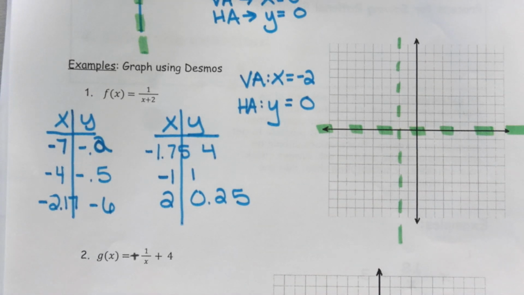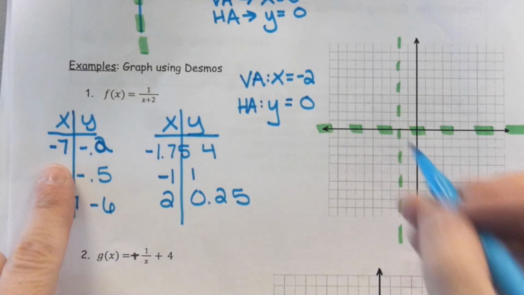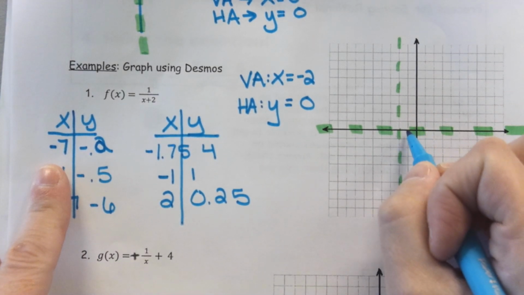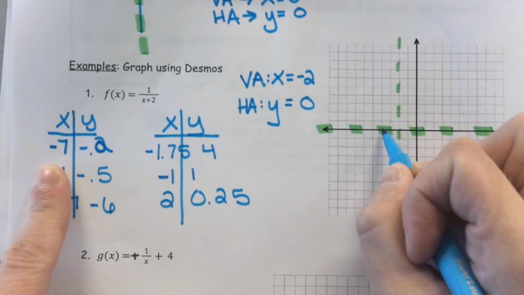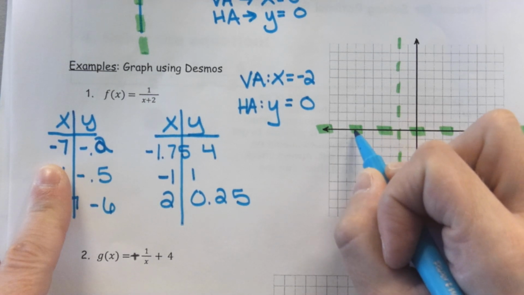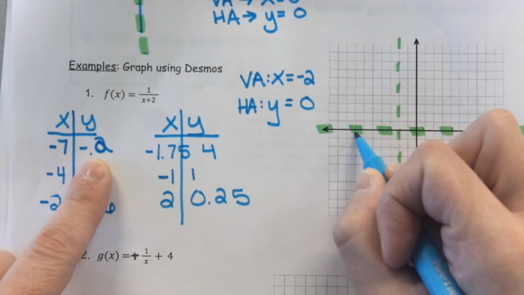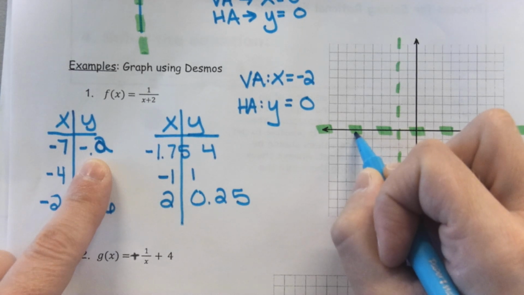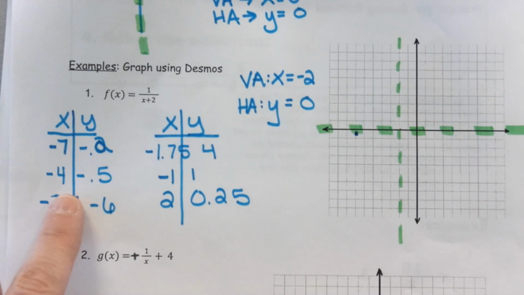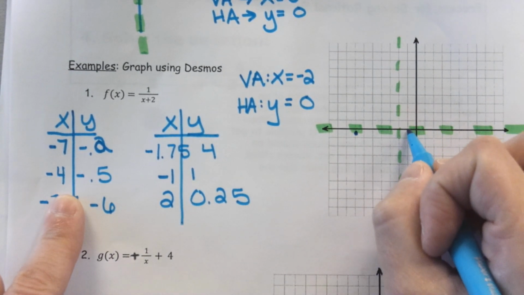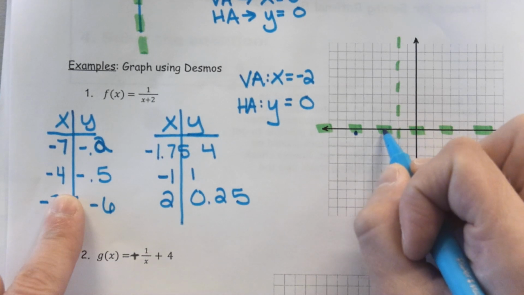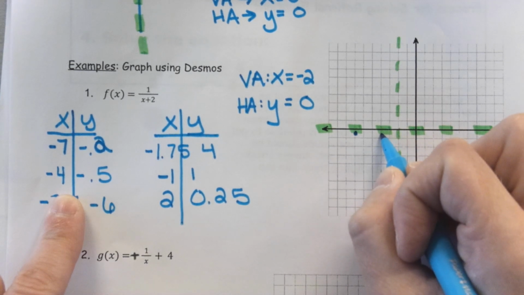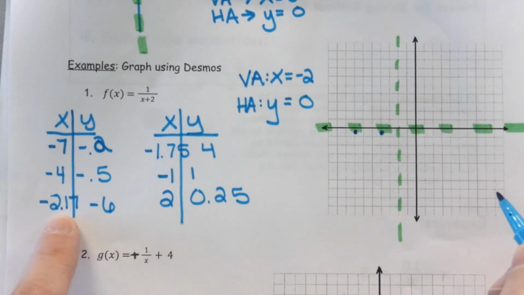All right, so let's start graphing the first arm. I'm at -7. 1, 2, 3, 4, 5, 6, 7. And I'm at -0.2, so I'm just below. I'm at -4, -1, 2, 3, 4, and down about 0.5.